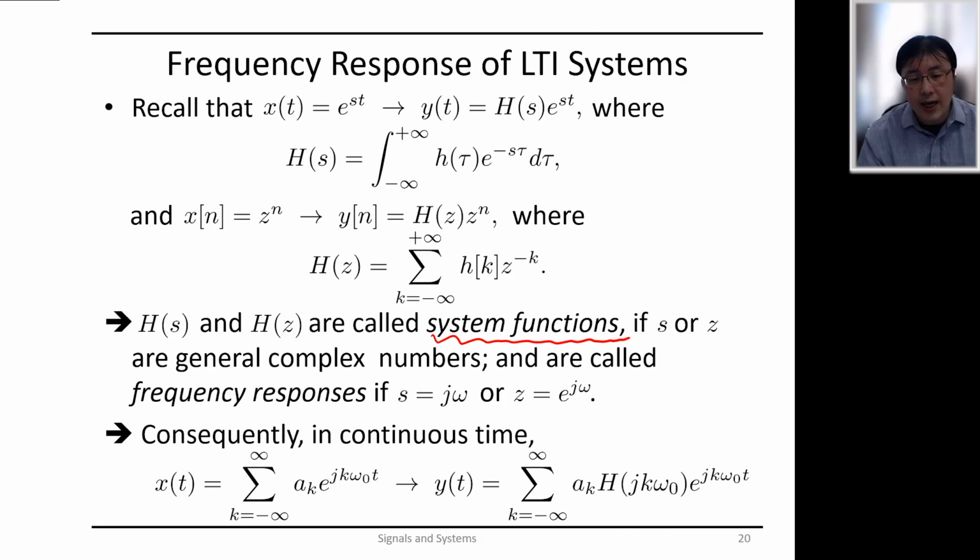But if you're looking at particular cases where s is equal to j omega or z equal to e to the j omega, then these complex exponentials correspond to pure frequency components, and the system functions are then called frequency responses. We're going to be looking at these cases most often.